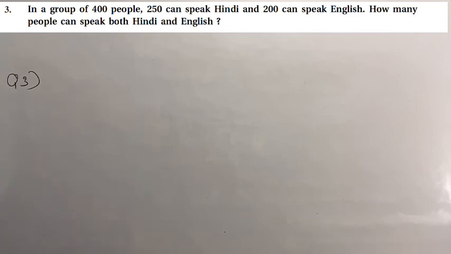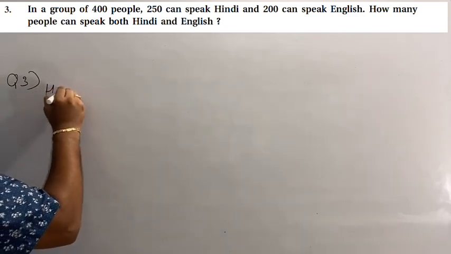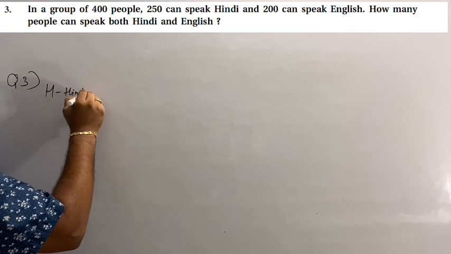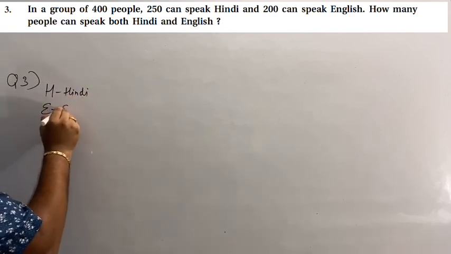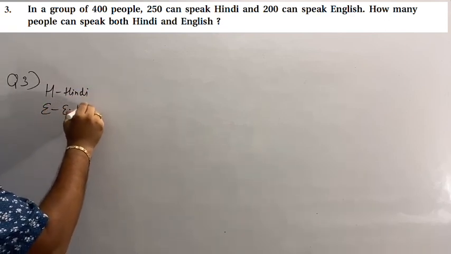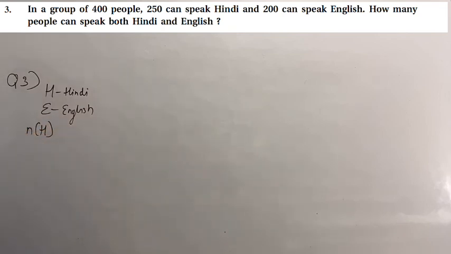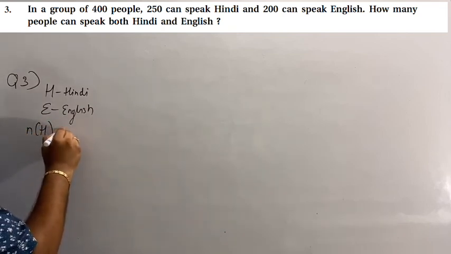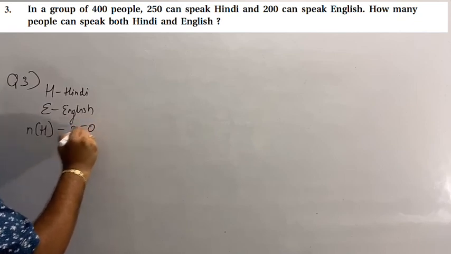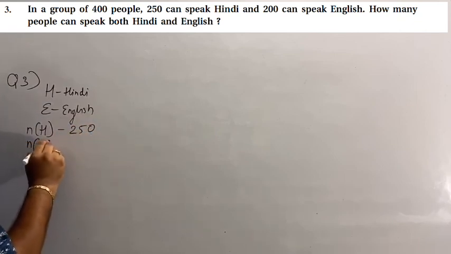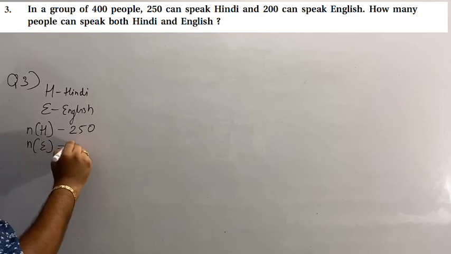So let's take H for Hindi and E for English. Now, how many speak Hindi? 250. Sorry, it's not 200, it's 250. How many speak English? That is 200.